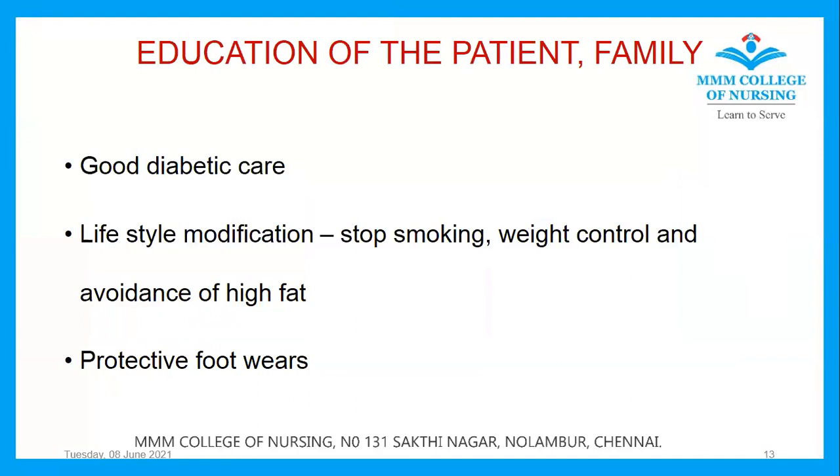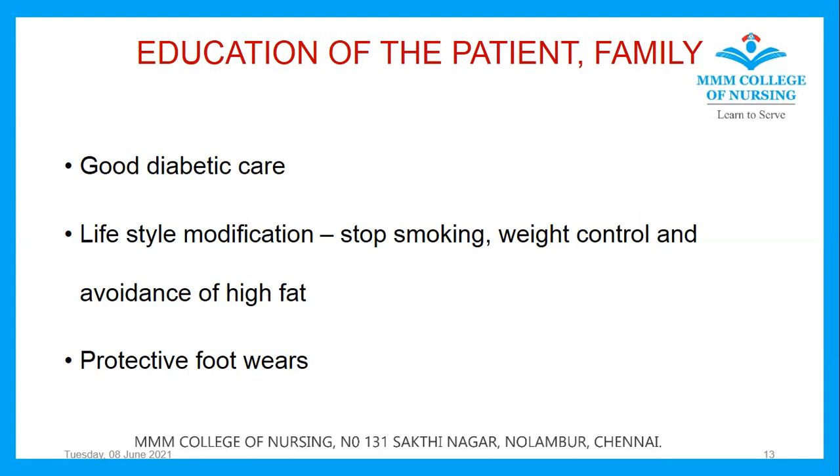And last, not the least, education of the patient and the family on diabetic foot. First one is good diabetic care, which is very, very essential. They have to keep their glycemic control less than 7. If it is more than that, they are in the high risk list. And then lifestyle modification, that is, stop smoking and alcohol consumption, and perform everyday exercises.